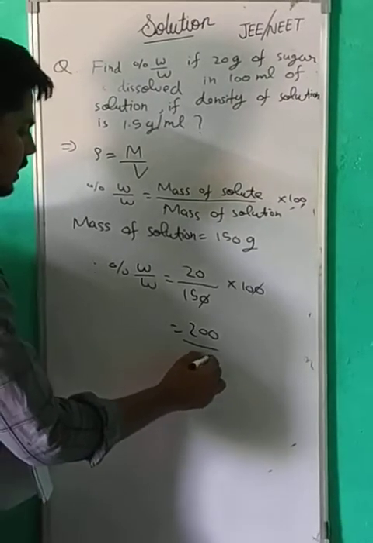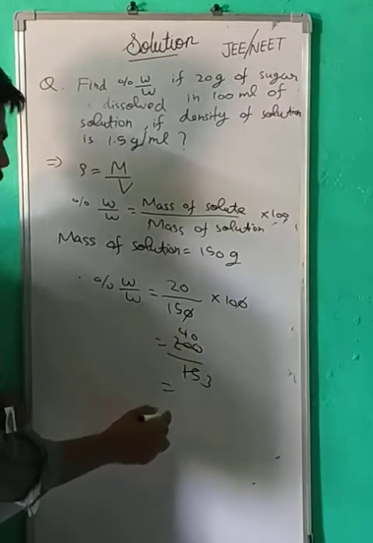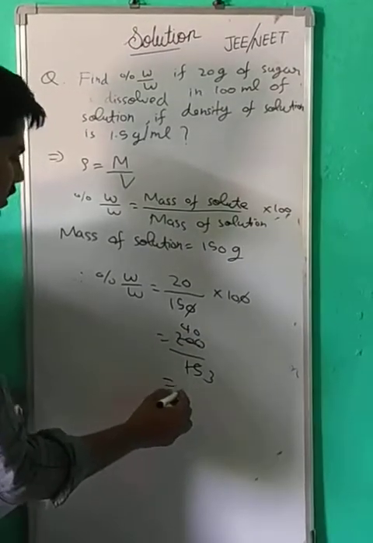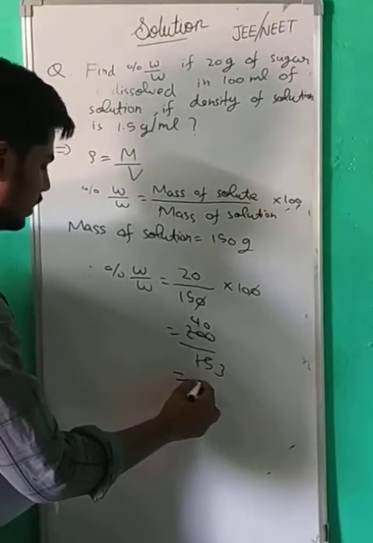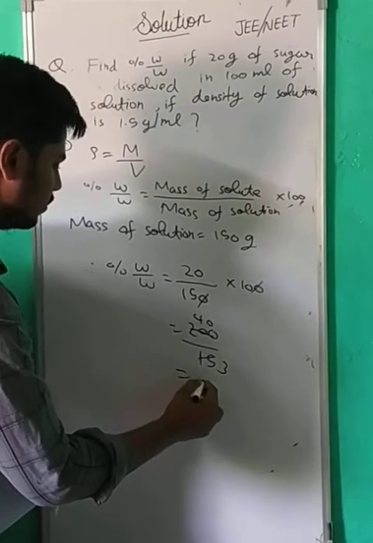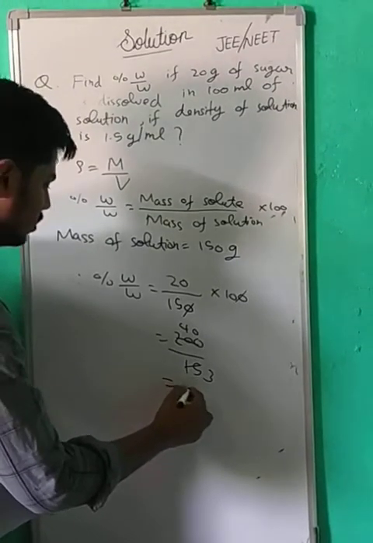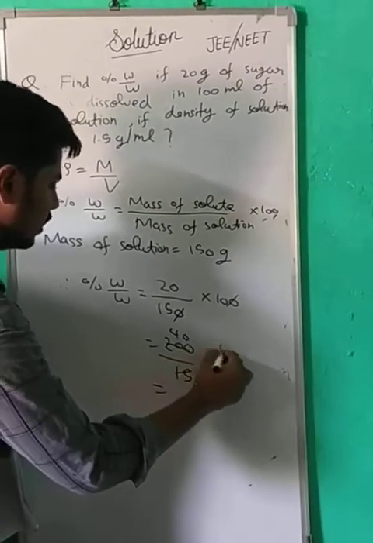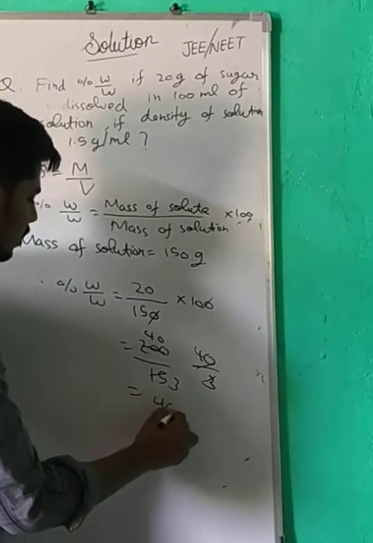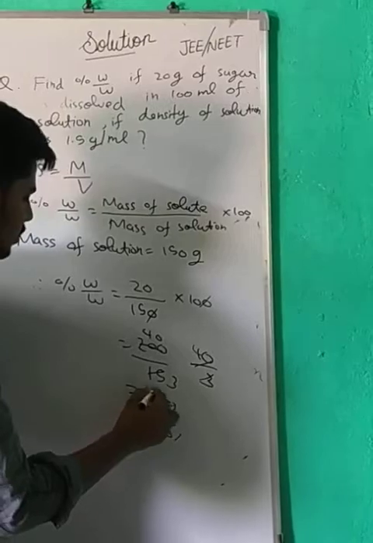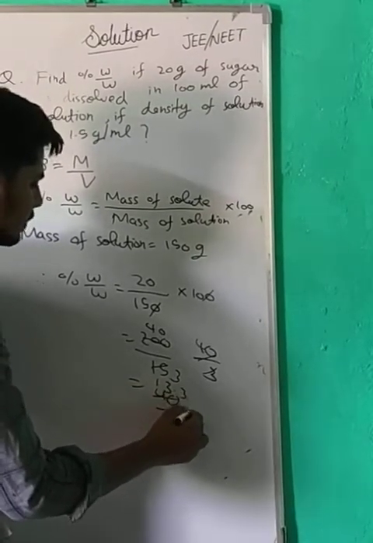So you can easily cut by 5 also. 5 3s are 15, 5 4s are 20, 40. 40 divided by 3, 3 1s are 3, 3 3s are 9, 13.33%.